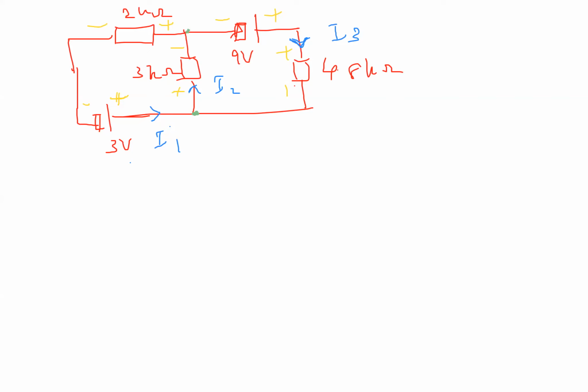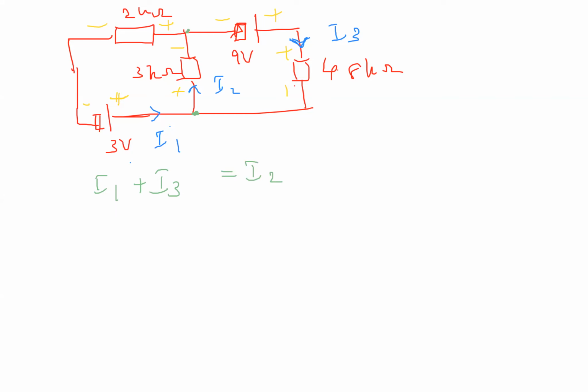I2 is outgoing. You guys agree? Yeah. Okay, so then what is the equation there? I1 plus I3 should be equal to I2. Right.